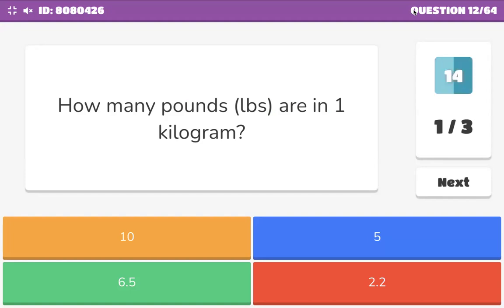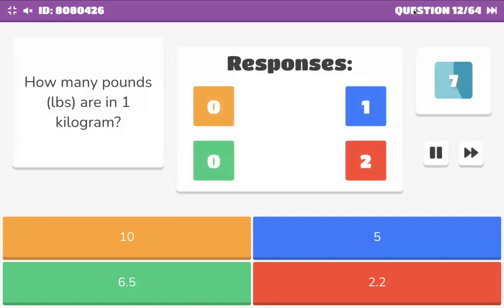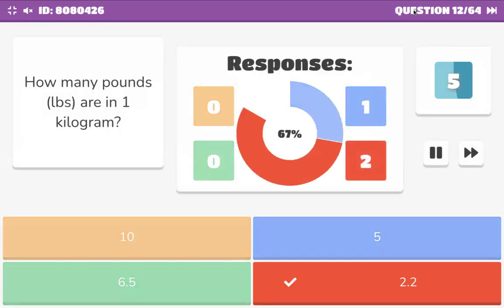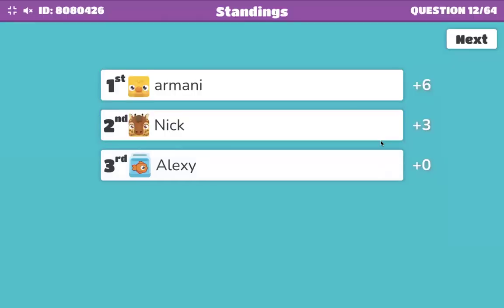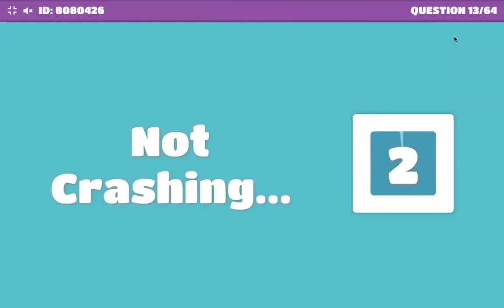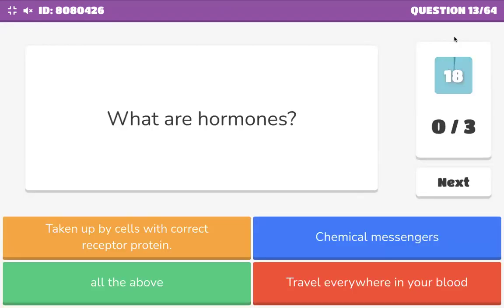How many pounds are in 1 kilogram? 2.2 pounds. What are hormones?